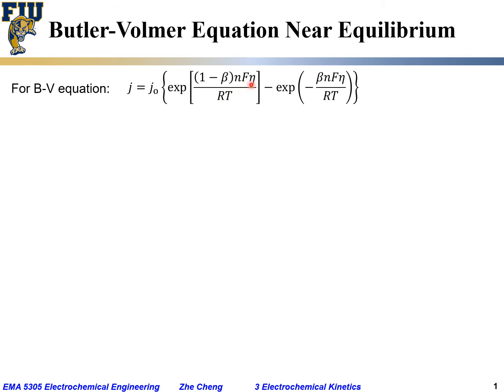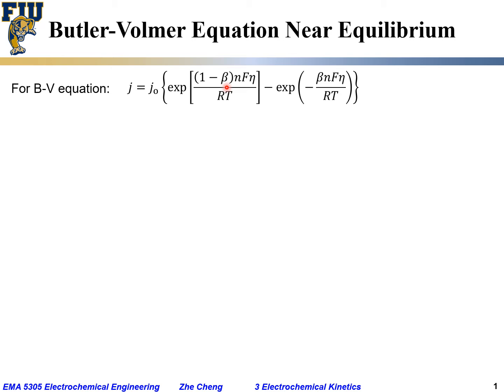It relates the potential and J, the net current density for the electrochemical half cell reaction. J0, as we said, would be the exchange current density. Beta would be the so-called symmetry factor.